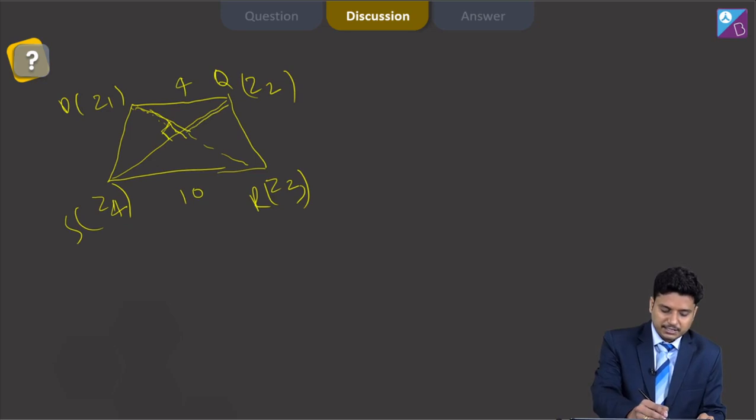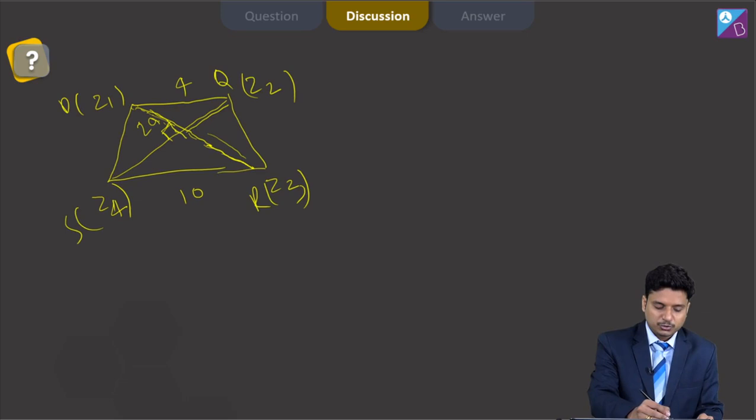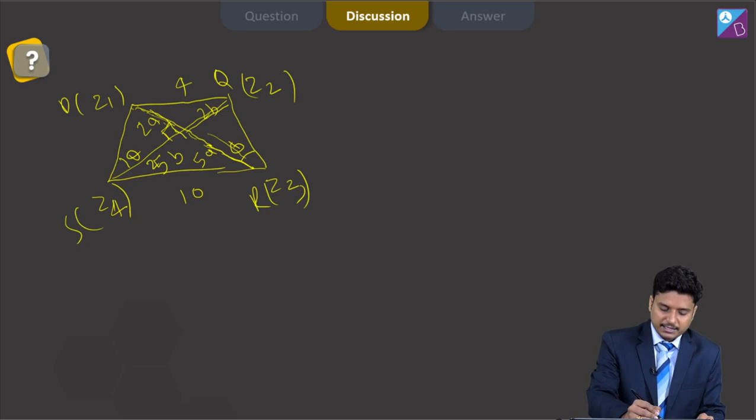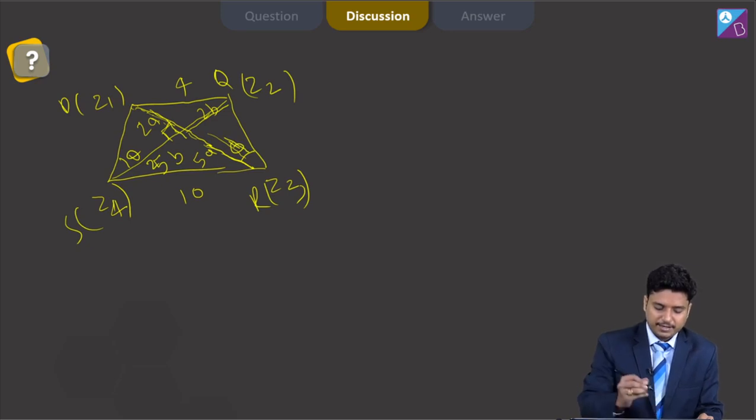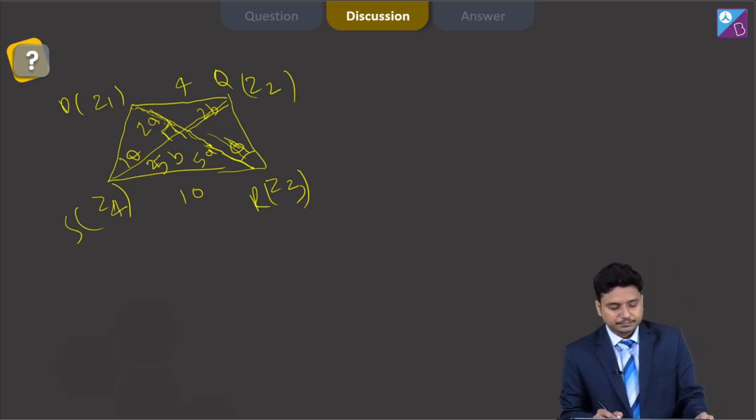So if we consider these diagonals, according to the law of proportionality, we can say that this portion to this portion will be 2:5. Similarly here also 2:5 will be there, as these sides are 4:10. So this is suppose 2a, then this is 5a, and if this is 5b, then this is 2b. If this angle is theta and this angle is phi, these are the two angles.